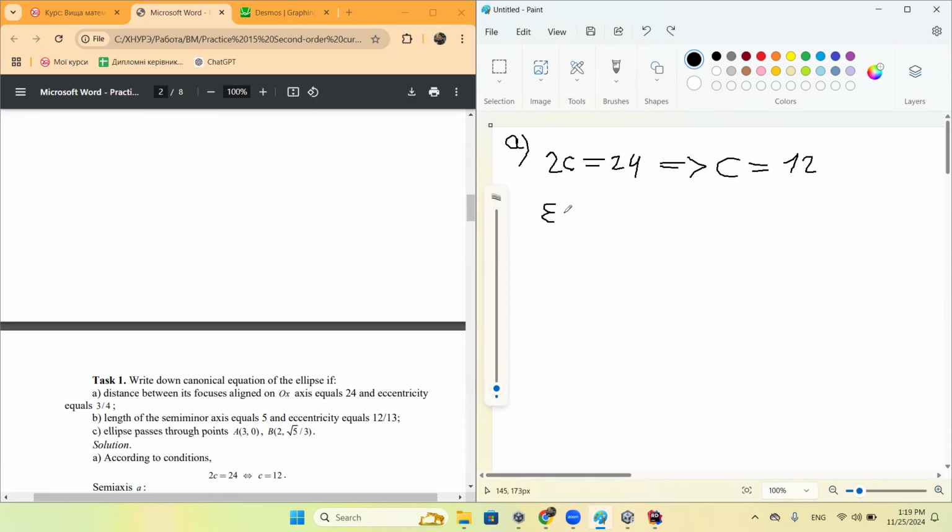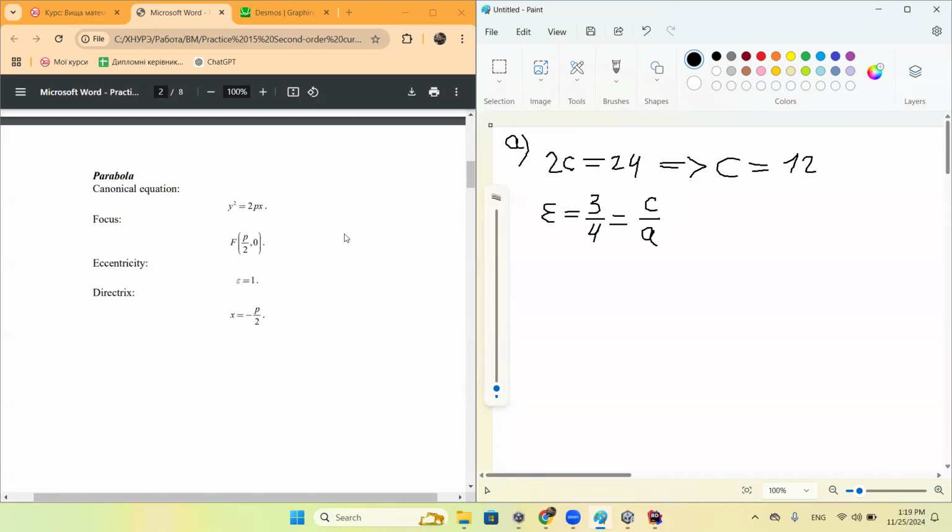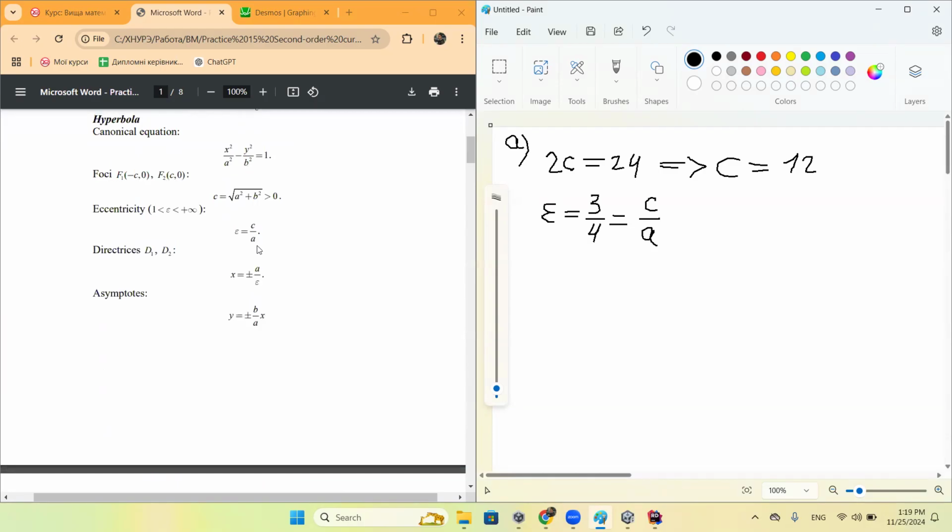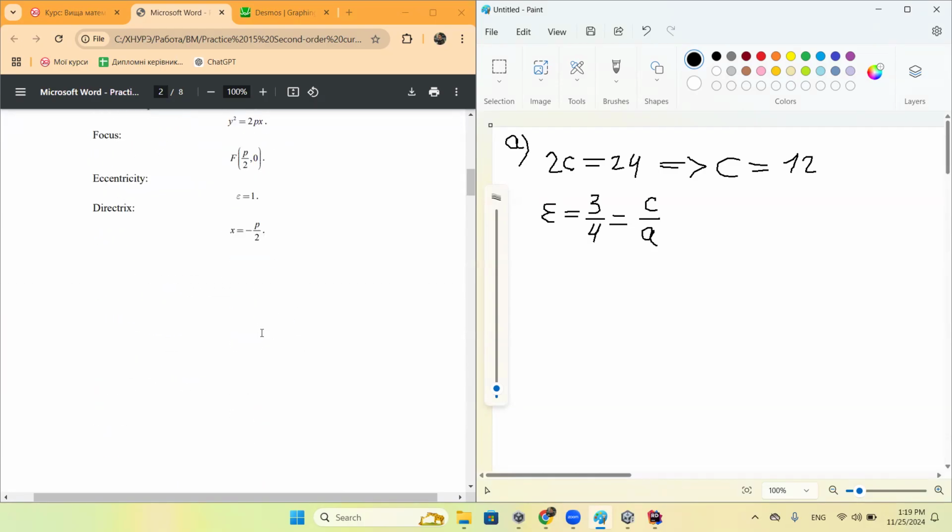Then the eccentricity equals 3 by 4, and it equals c by a. Let me check: yes, c by a always.